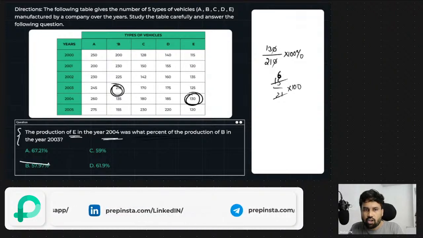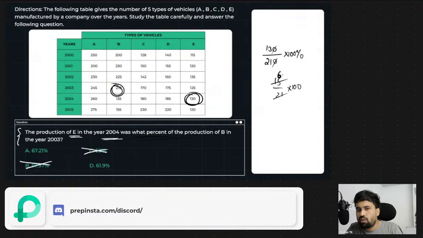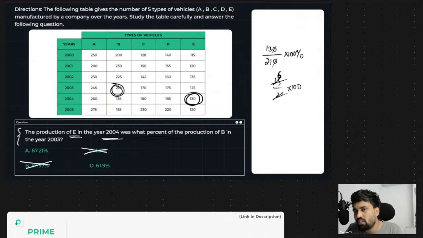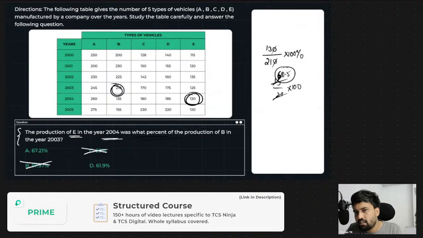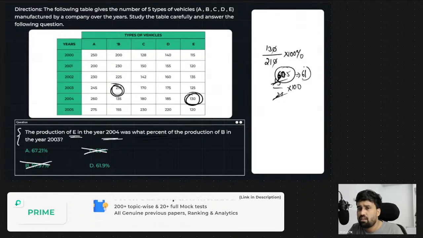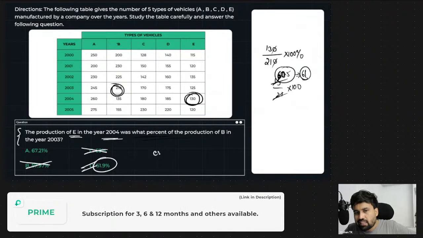So I can eliminate option B and option C. And it is not more than 67 or 65, right? Why? Because 2 will cancel 12 around 6 or 61 or 60.5, something like that. So it is very near to 60 or 61. So my answer will be 61.9%.